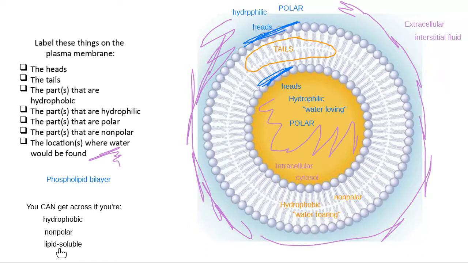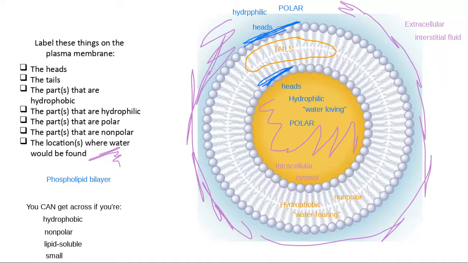I promise you're going to get a question on the exam that asks you whether or not things can get across the membrane. All you care about are these words. We're looking for these things. Is it hydrophobic? Is it nonpolar? Is it lipid soluble? Fanshin did mention the other thing that is important for us too. Is it small?